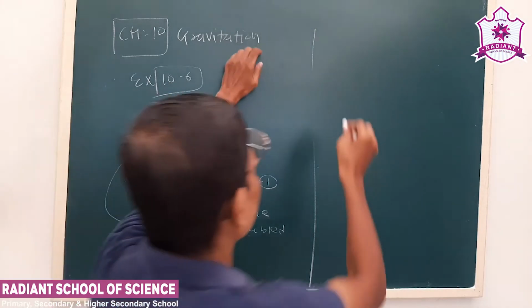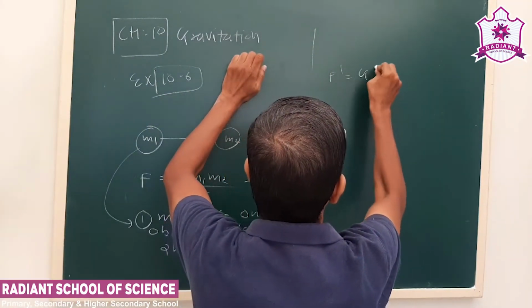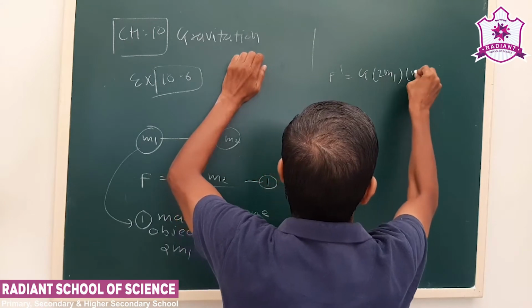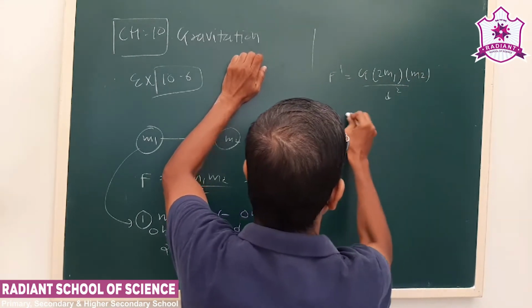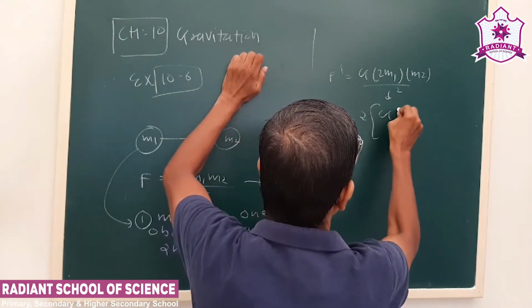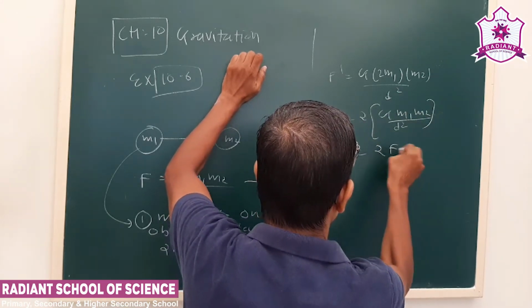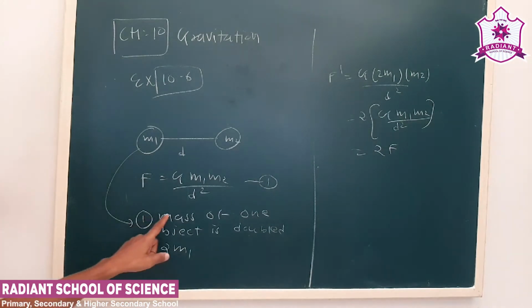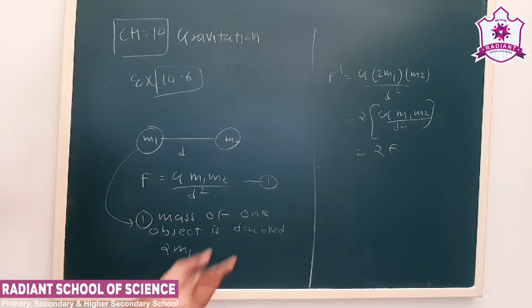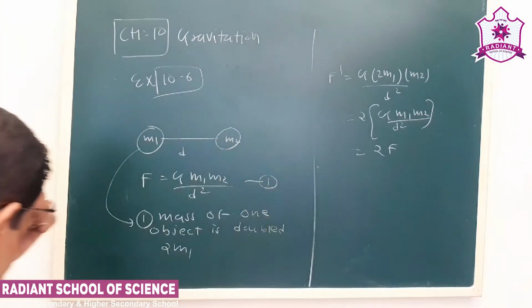So what is the force F dash? G 2 M1 M2 upon d square. Then we can write 2 into G M1 M2 upon d square. So when the mass of one object is doubled, the force between them will become double. This is the first part.